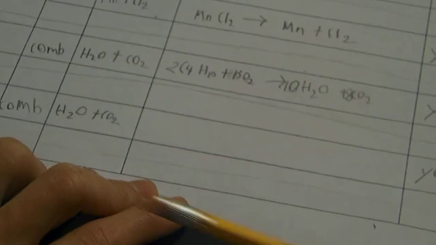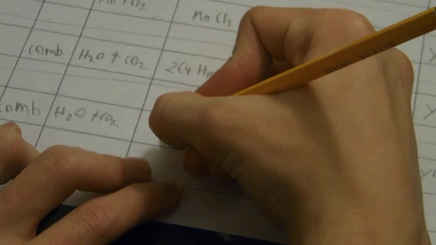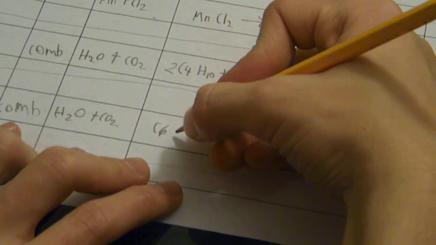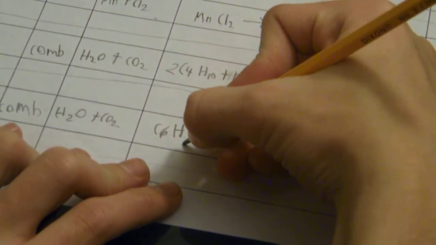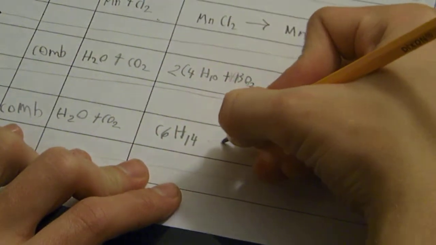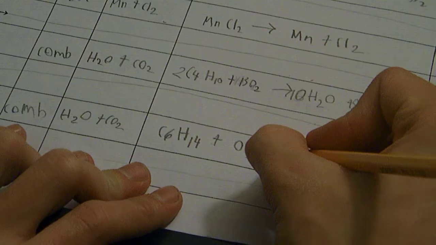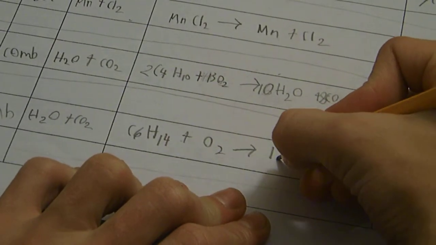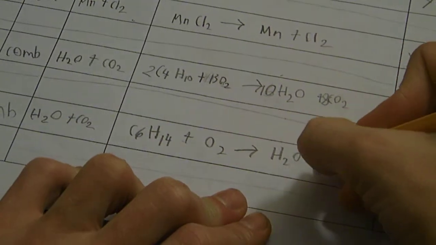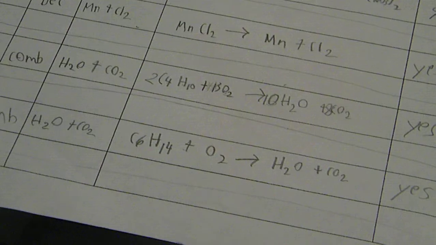So we balance that out and we get C6H14 plus O2 yields H2O plus CO2.